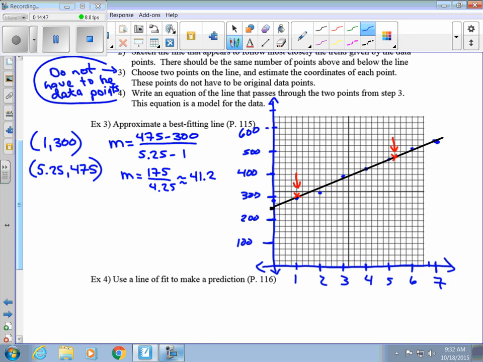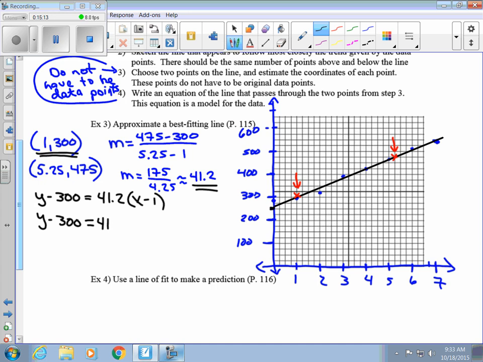All right, so now what we need to do is we have the slope and we have a point, and you can use either one, but I'm going to use the top one because it's going to make the math easier. So we're going to go y minus 300. I'm going to use point slope form. 41.2 times x minus 1. So you're going to get y minus 300 equals 41.2x minus 41.2.